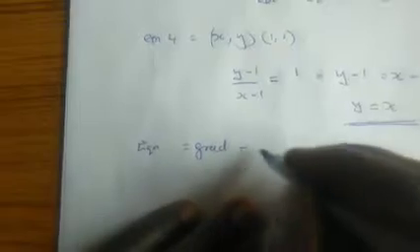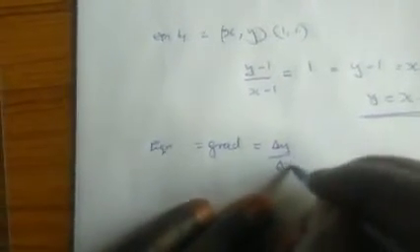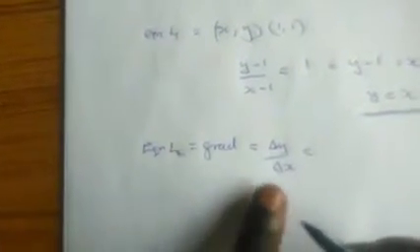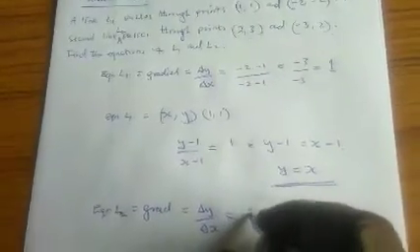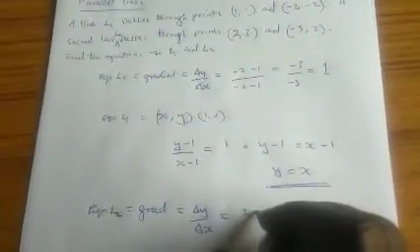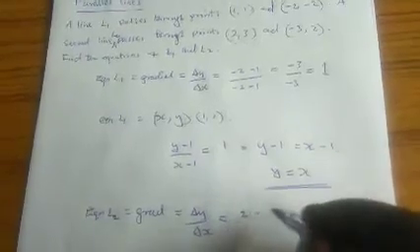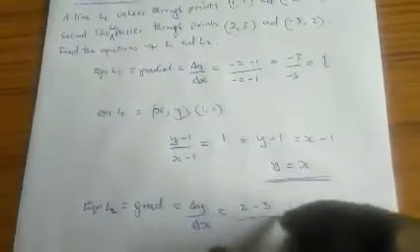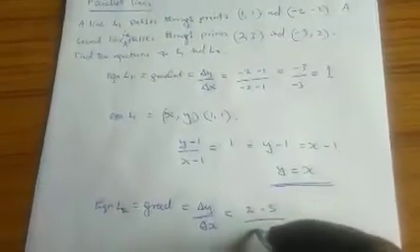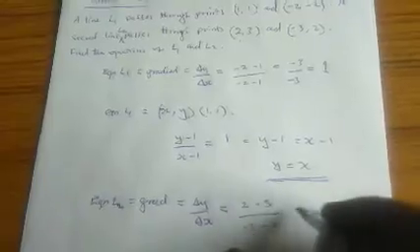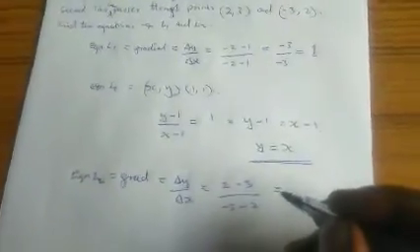The gradient of L2 will be change in y over change in x, which is now 2 minus 3 over -3 minus 2.